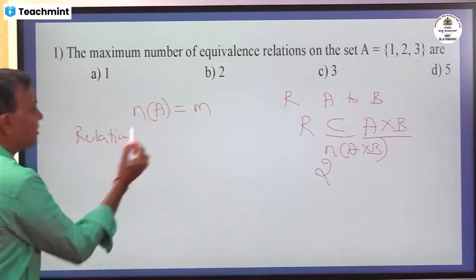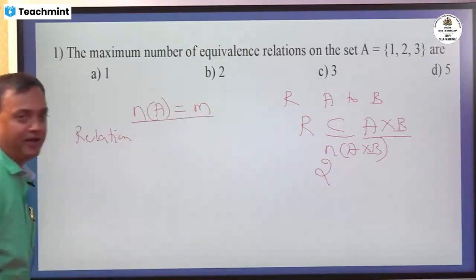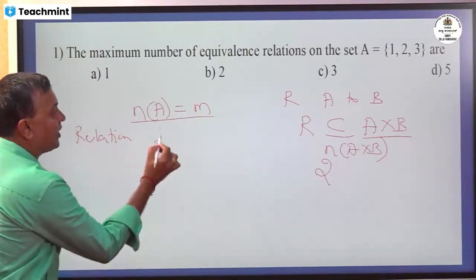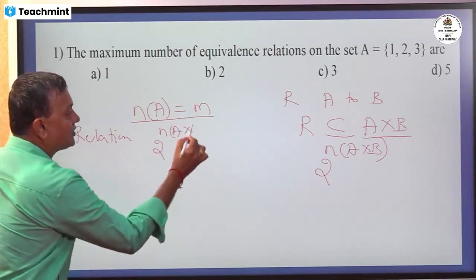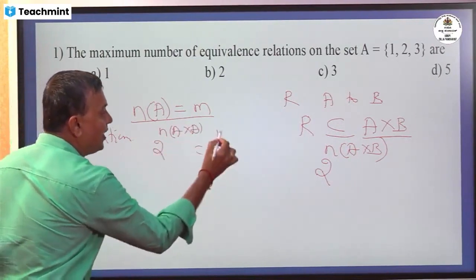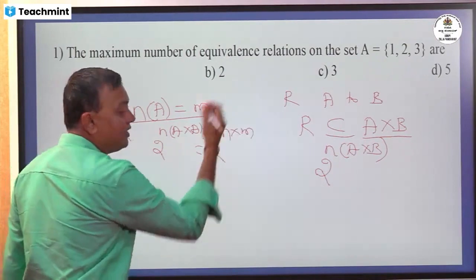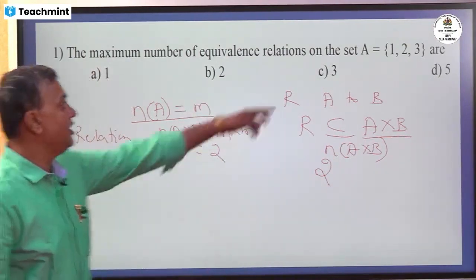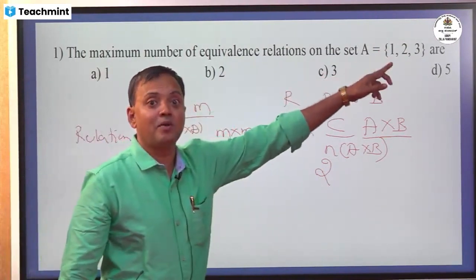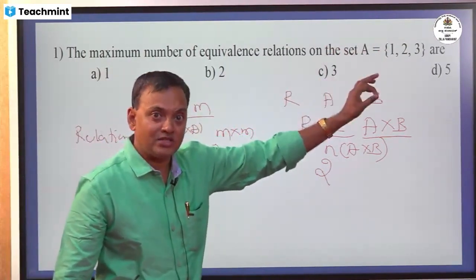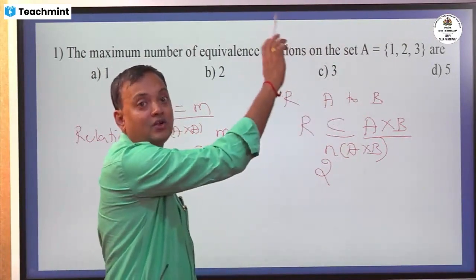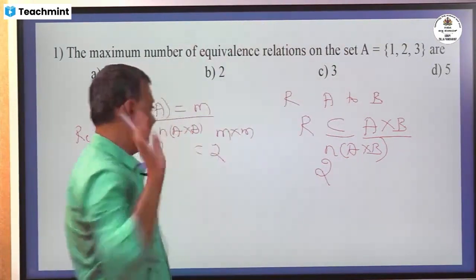Here, if the set contains m elements, then the number of relations is 2 to the power n of A cross A. This is equal to 2 to the power m cross m, or m square. So this many relations are possible. So here three elements, then the number of possible relations is 2 to the power 3 cross 3, 2 to the power, not 6, 2 to the power 9.